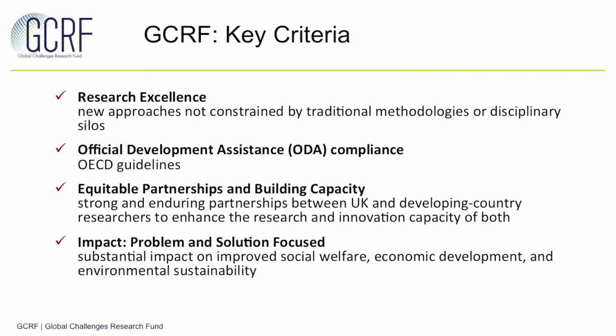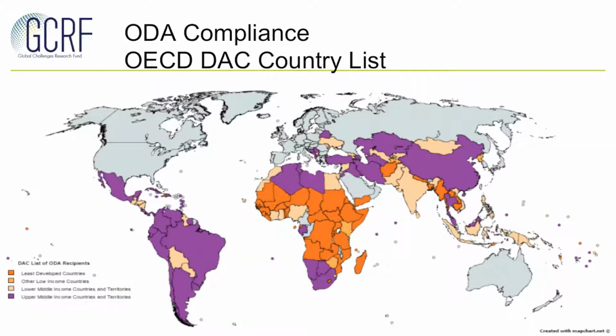Equitable partnerships and building capacity, with the focus particularly here on the equitable aspect. And of course, impact in terms of delivering both within and beyond the programmes that are awarded. Here you can see the different ODA compliant countries. This is a list defined and owned by the OECD and is commonly referred to as the DAC list.